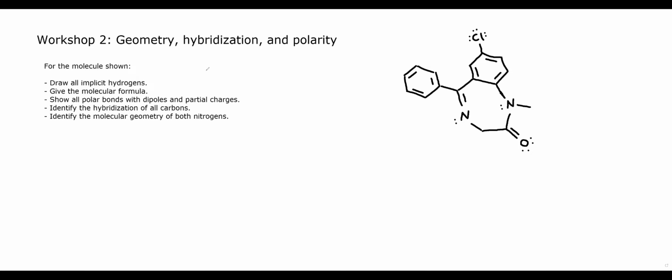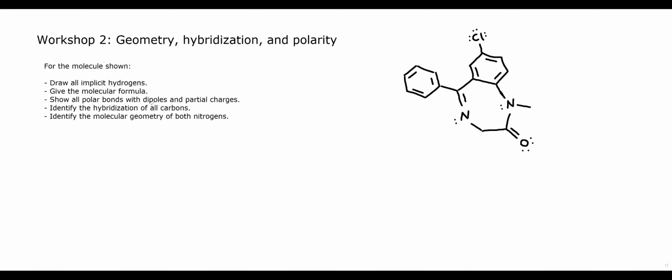But what we're going to do is look at it and answer a few different questions on it. First, we're going to find out where all the implicit hydrogens are, to make sure we can read the bond line structure well, and we understand not only where the carbons are, but where all those implicit hydrogens are. We'll count up all the atoms to give a molecular formula for diazepam.